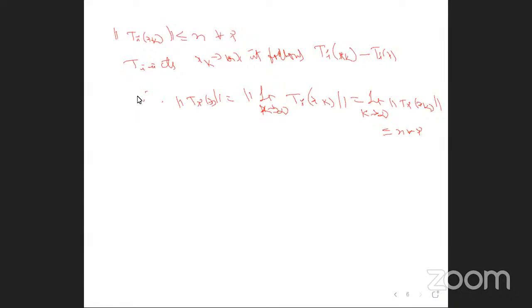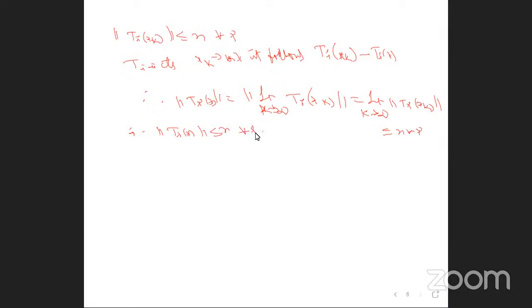That means norm of T_i(x) is less than or equal to n for all i.